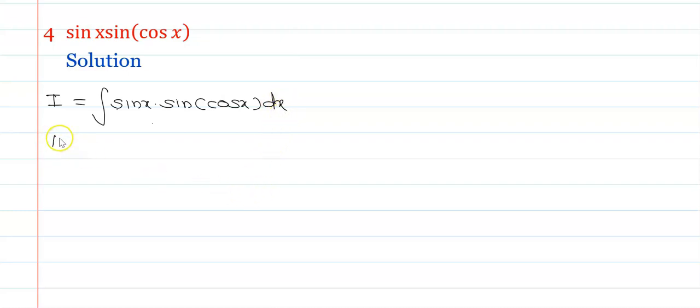Now the substitution. Here the function cos x is present. If you substitute cos x, its derivative, minus sin x, is also there. We can arrange its negative sign. Put cos x equal to t, and therefore its derivative, minus sin x dx, is equal to dt.